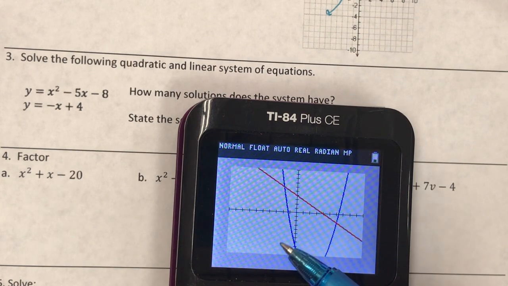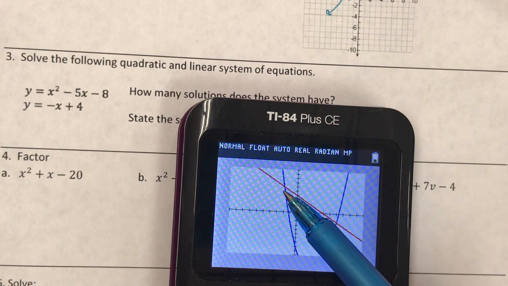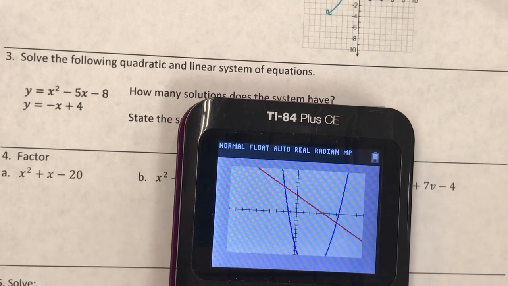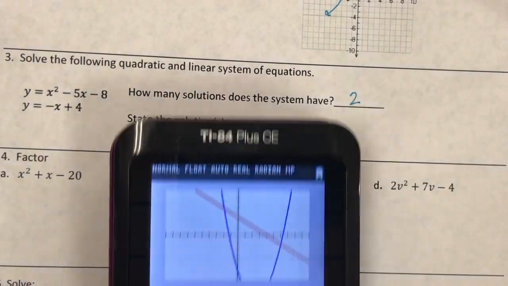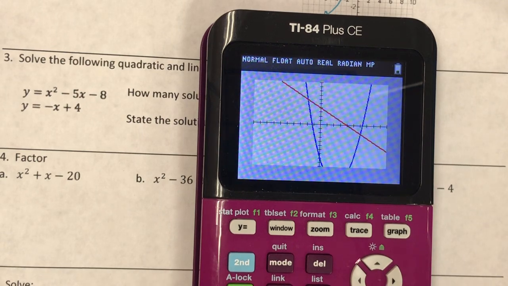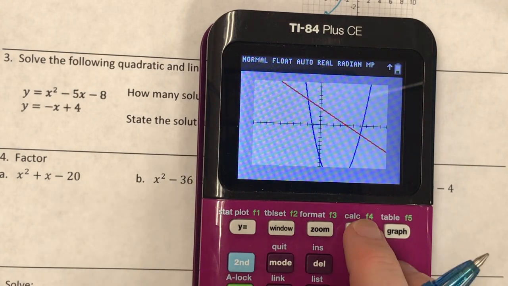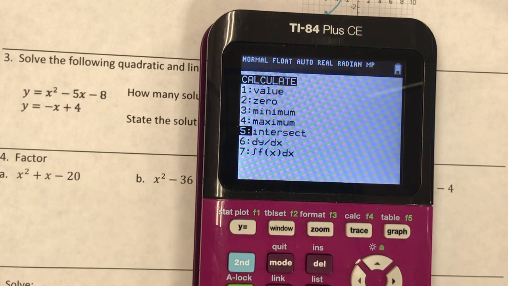So in this particular situation, I am looking at 2 solutions because there are 2 intersection points. To find your solutions on the calculator, second trace. The 5th option is intersect.